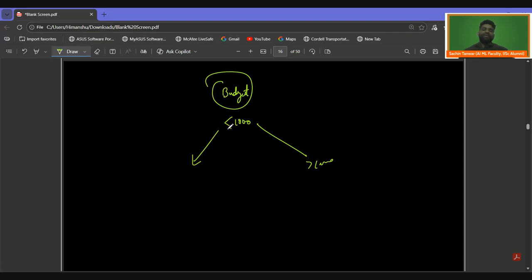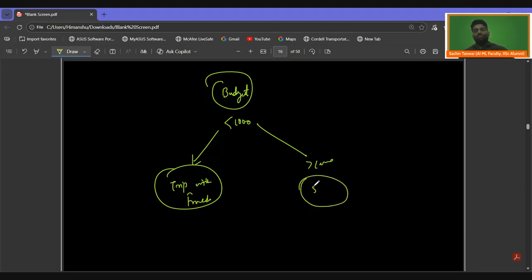If it's less than 10,000, you'd like to go on a trip with your friends. If it's greater than 10,000, you would be able to manage a lot of the expense on your own, so you'd like to travel solo. Some people like solo, so it depends.